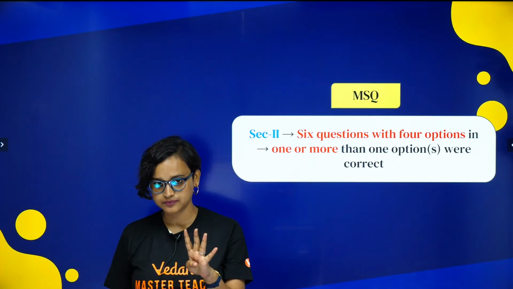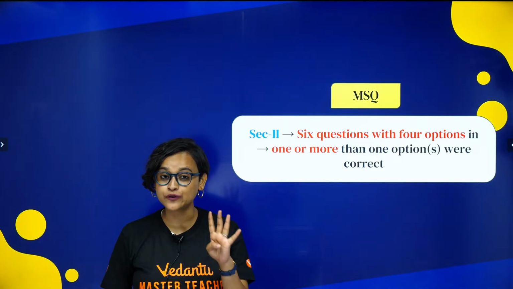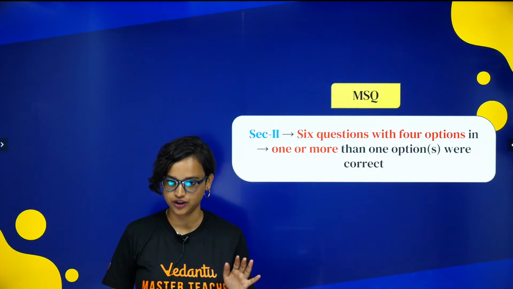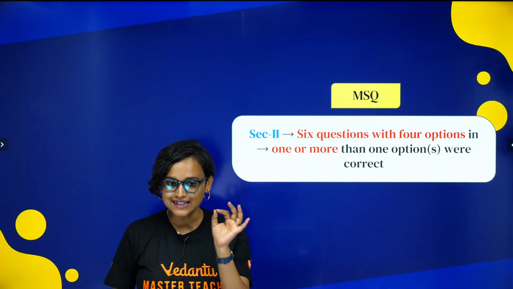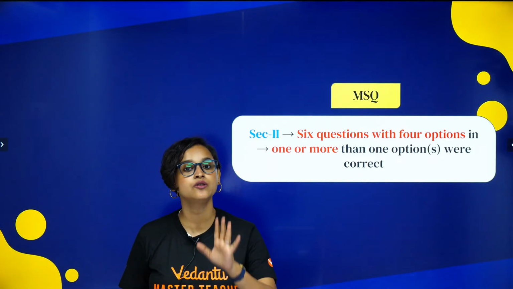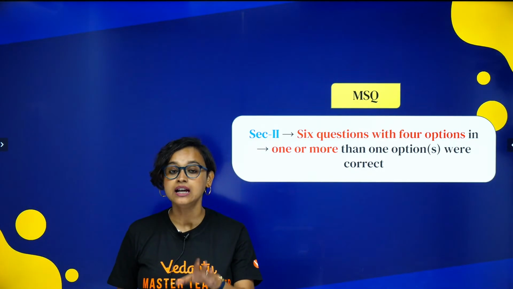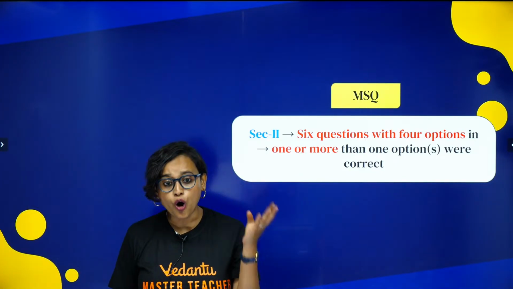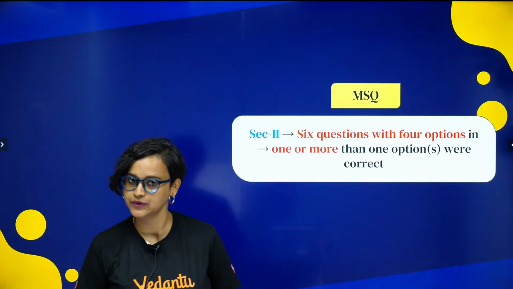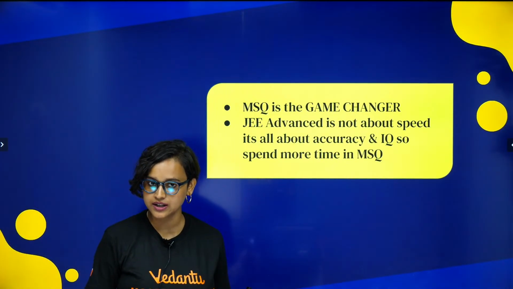Still 4 options, so don't get confused thinking that this must also be MCQ. No, not at all. This is where multiple answers are correct. There will be 6 questions with 4 options in which either one or more than one option can be correct.